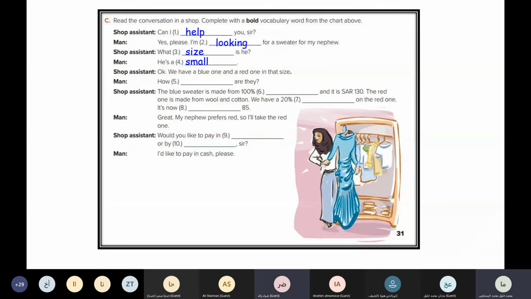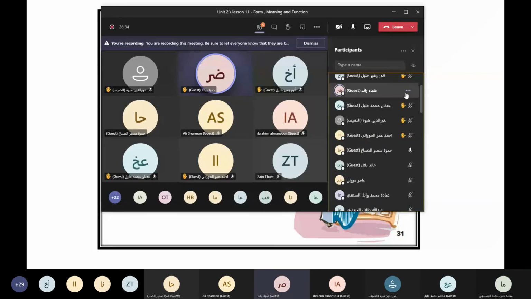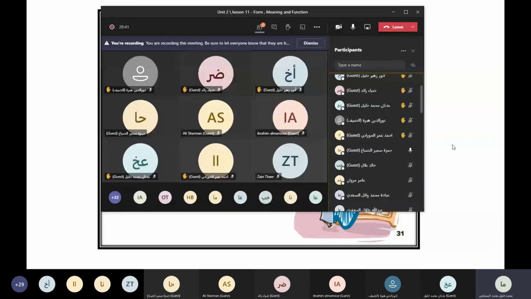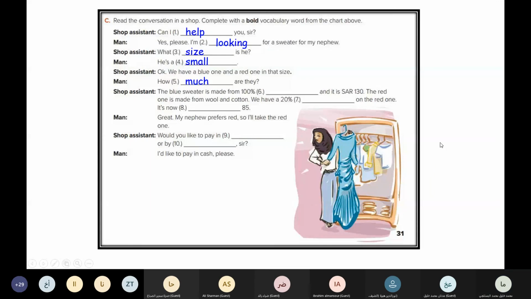Answer. How much are they? Good. Adnan: How much are they? The blue sweater is made from 100% polyester and it is 130 riyals. Good, thank you. The red one is made from wool and cotton.